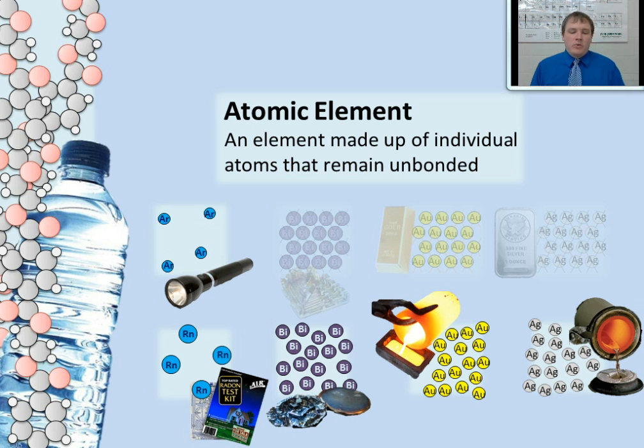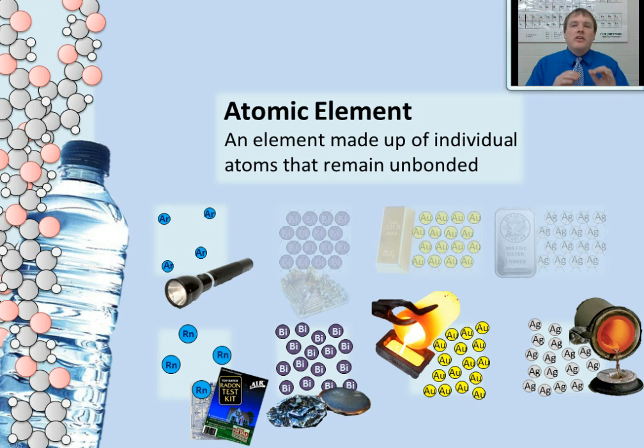Here's an interesting question. Do you see any solids in this mix of atomic elements? Did you notice that there aren't any? They're all either gases or liquids. If you think about it, a substance can only be a solid if the particles are attracted to each other enough to hold them together in a fixed shape. And where does that attraction come from? It comes from bonds.